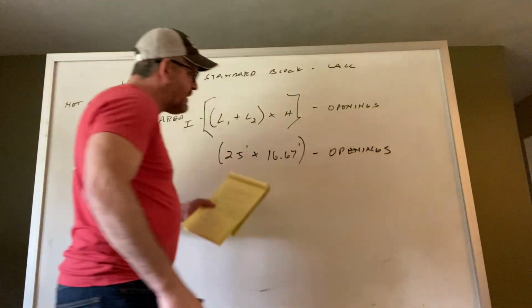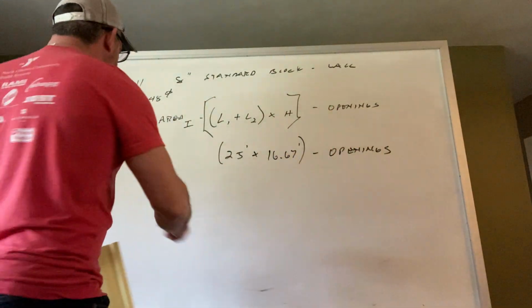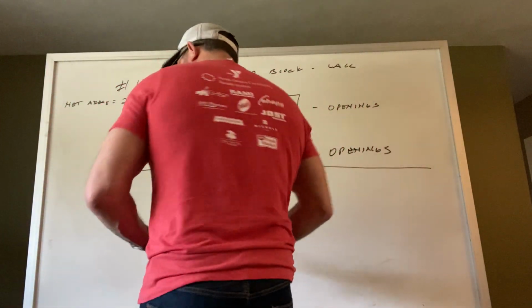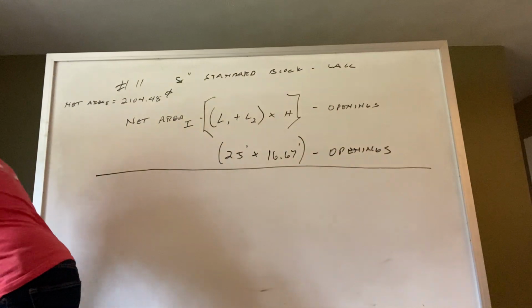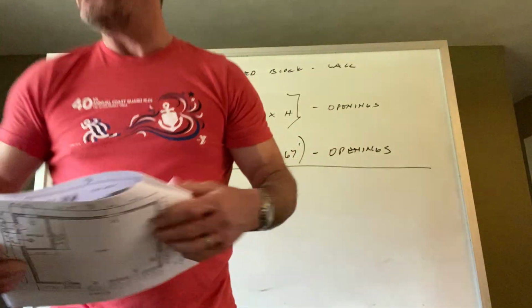So again, fairly easy math, but what's the difficulty here? The difficulty is knowing how to set the problem up, knowing what to solve for. So again, I go back to my floor plan, and what openings do I have to solve for? I only have to solve for door number 2.